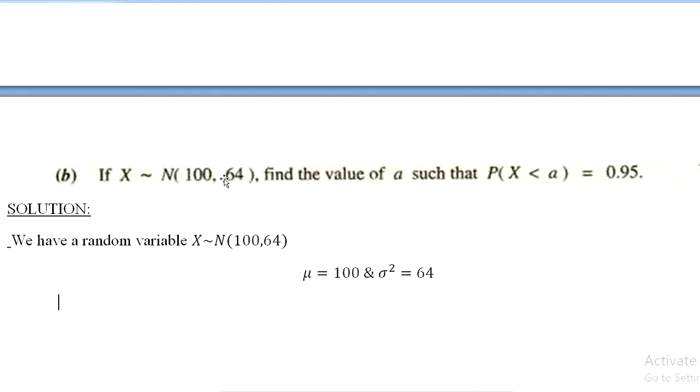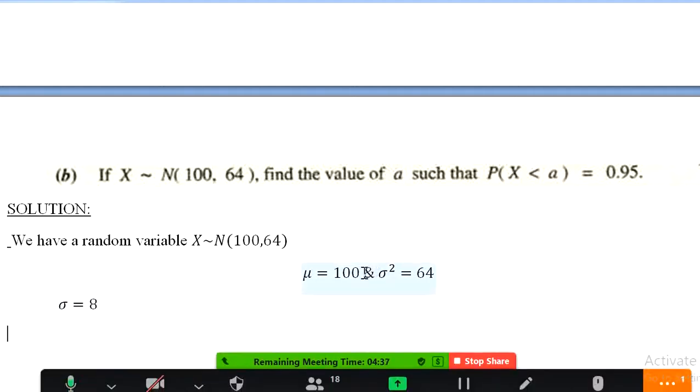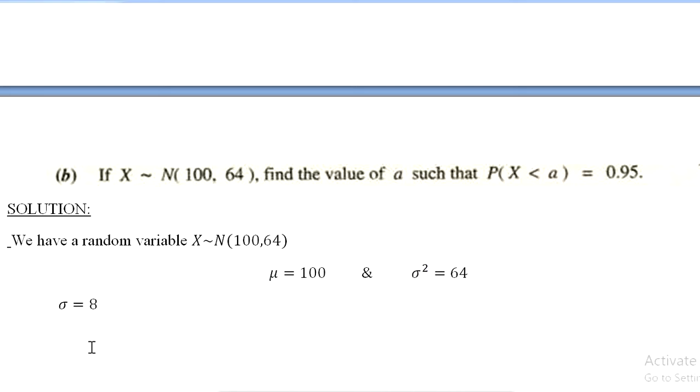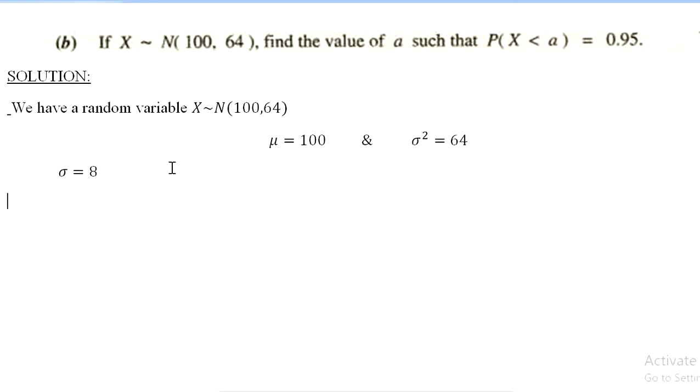If it were 63, I would say it is the value of sigma, because 63 is not a complete square of anything. 64 is the complete square of 8. So here basically you are given the value of sigma square, and the value of sigma is 8 because 8 square is 64. So we have the value of mu and the value of sigma square. We also calculated sigma from the given values easily.